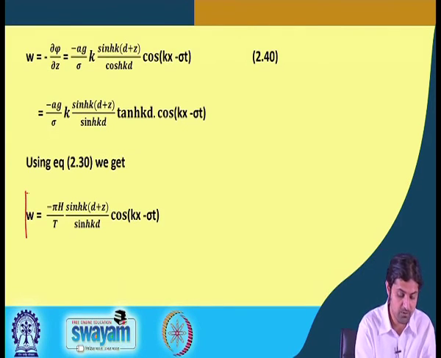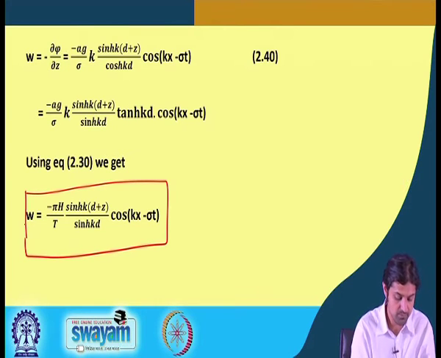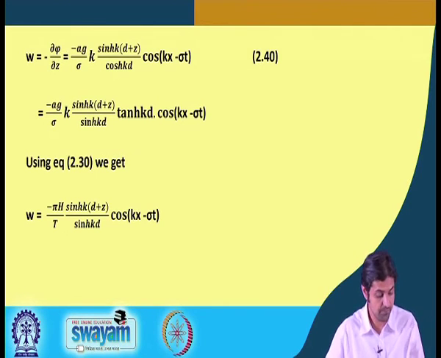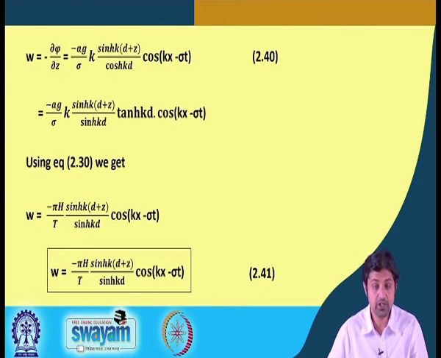Again, you don't have to remember this, but if you do, it's no harm, because more importantly it is the velocity potential that you must be remembering. All right. So w can be written as minus pi H by T sinh k(d plus z) divided by sinh kd into cos(kx minus sigma t).